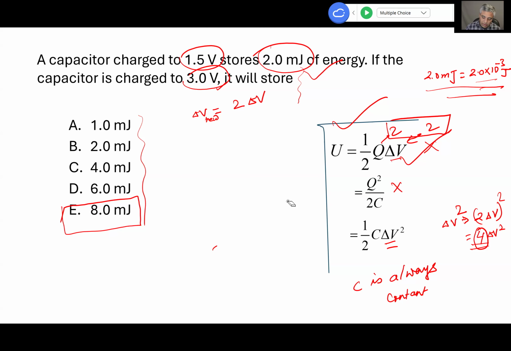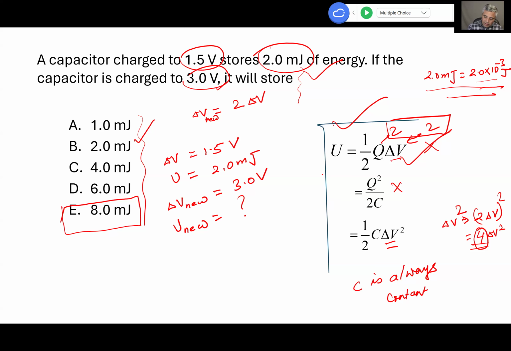Okay. Or you can do something like this. Delta V is 1.5 volts and energy, let's write, energy is 2 millijoules. Since the answer is given in millijoules, I'll just leave that as millijoules. And delta V new is 3 volts, right? So U new is what? For that, just like I said, you want to use this equation.